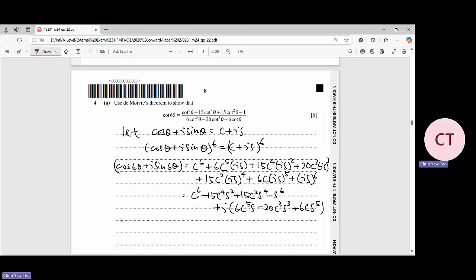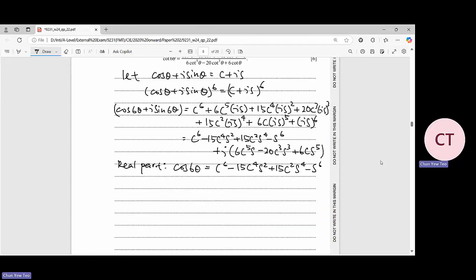Okay, so by comparing the real part, I will have cos 6 theta equals c to the power 6 minus 15 of c power 4 s square plus 15c square s power 4 minus s power 6. Okay, so this is what I have for the real part.